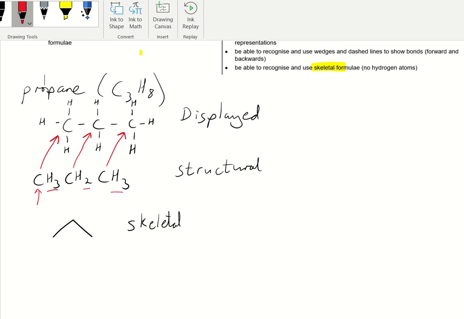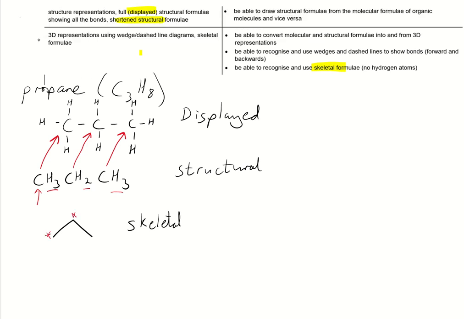Now, just to highlight where the carbons are, everywhere there's an end of the line or change in direction, this is where a carbon is. So this carbon in the middle is this one there.